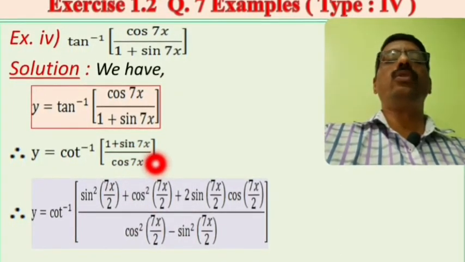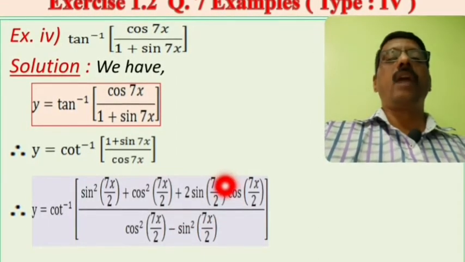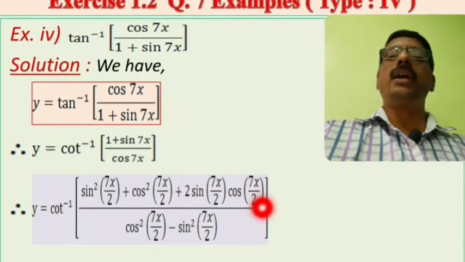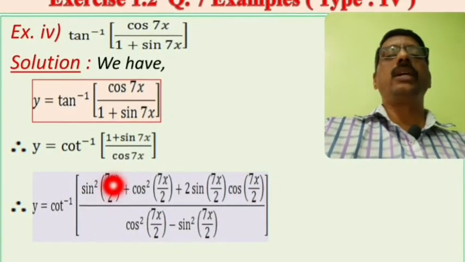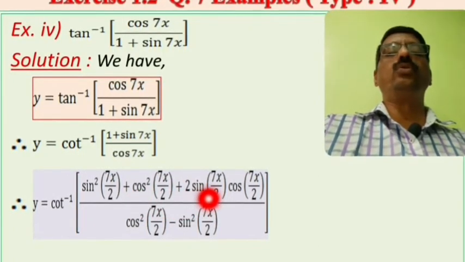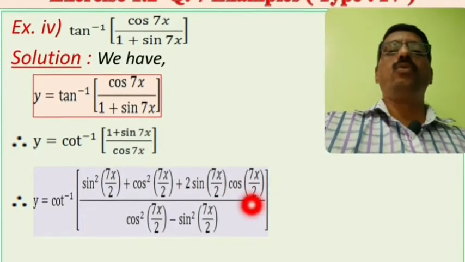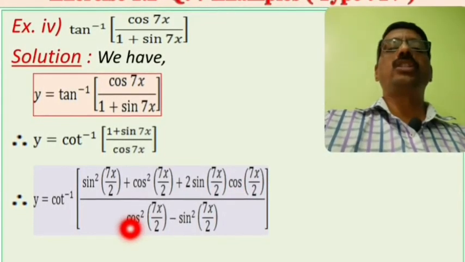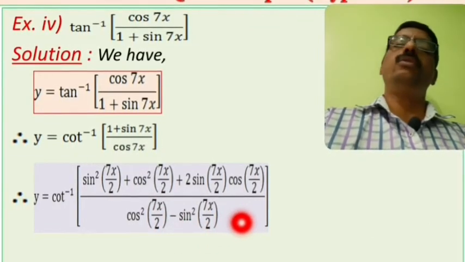We have already discussed in the last example that sin theta is 2 sin of theta by 2 into cos of theta by 2, and therefore the numerator becomes sin square 7x upon 2 plus cos square 7x upon 2 plus 2 into sin of 7x upon 2 into cos of 7x upon 2, whole divided by cos square 7x upon 2 minus sin square 7x upon 2.